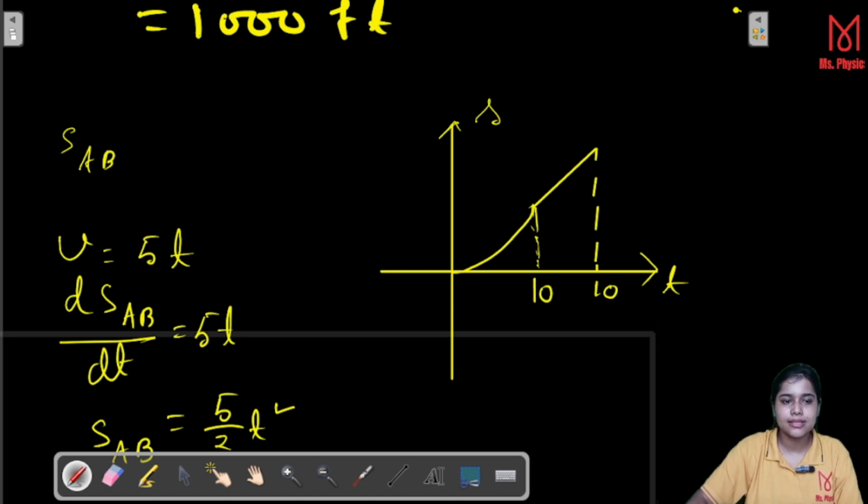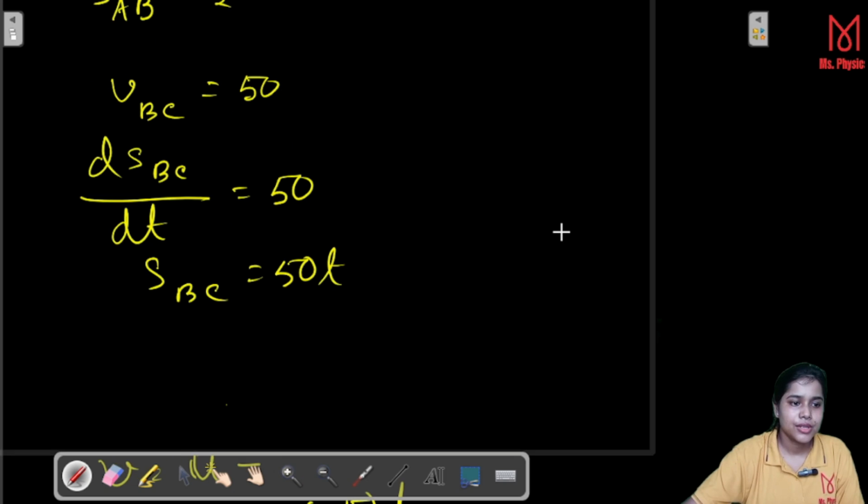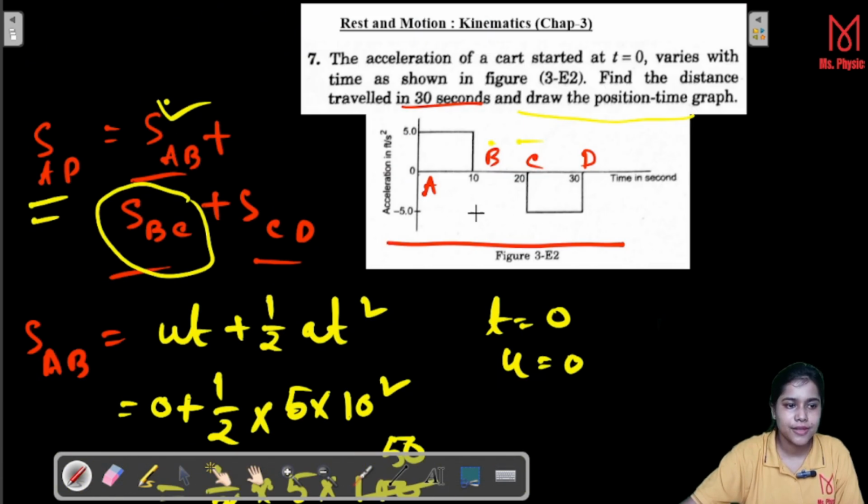Next 10 seconds was for CD. Now you see that in the figure everything is the same as AB, but we have negative acceleration. So in a similar way we can draw a parabola, but in the downward direction.